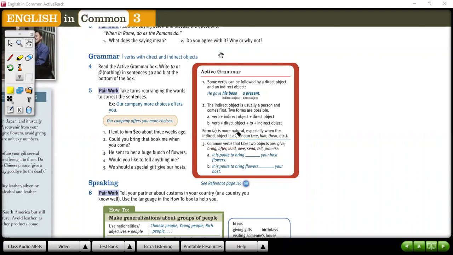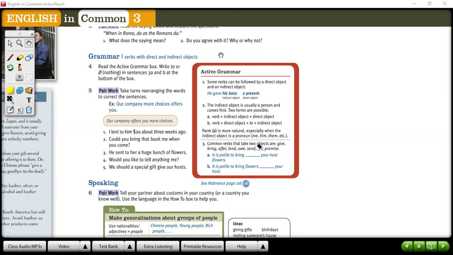Thank you. Okay, common verbs that accept two objects, my friends. As I said, not all the verbs. There are some specific verbs that accept two objects: give, bring, offer, lend, owe, send, tell, promise.